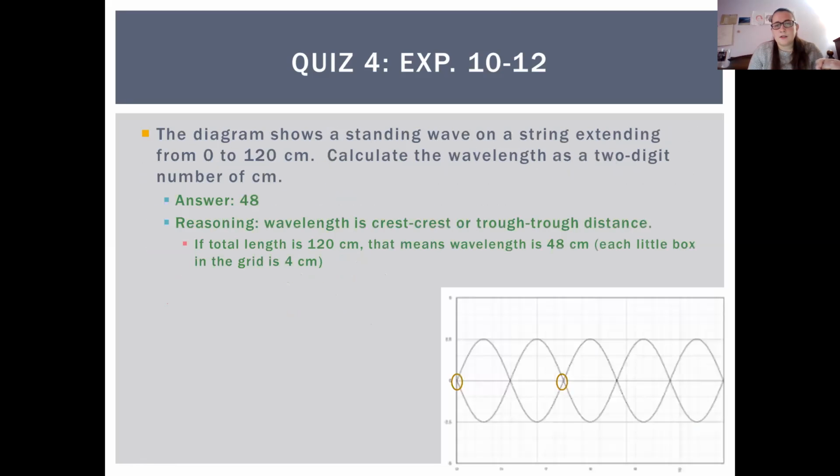All right, another wave picture, not necessarily an oscilloscope, because this is again pertaining to experiment 12, where we had the standing waves in the string. It tells us that this string is 120 centimeters long. So that whole length is 120 centimeters.